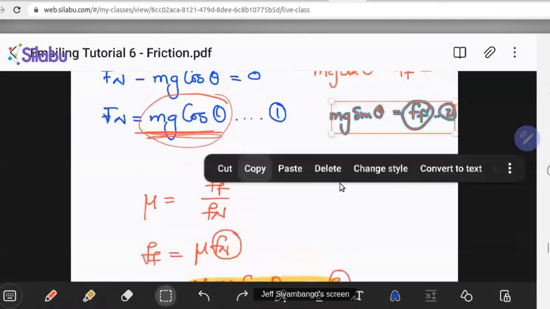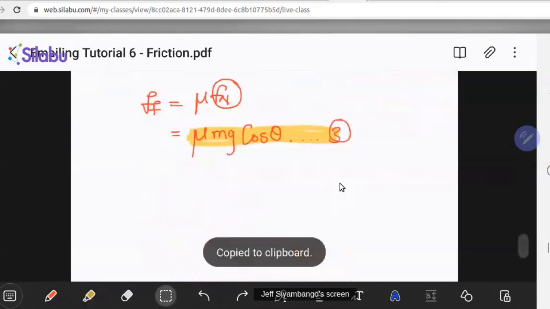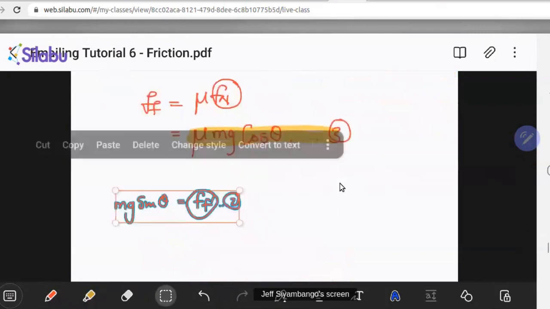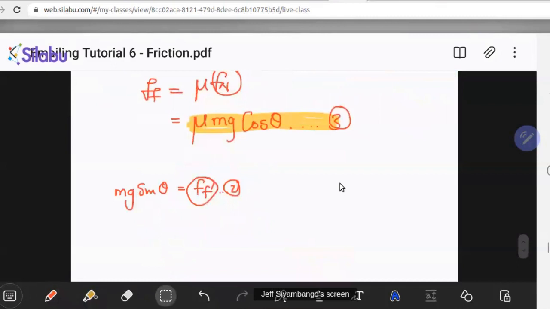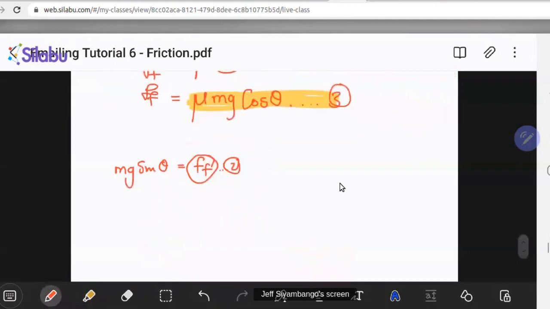And where there's force of friction, I'll plug in equation 3, because from equation 3, force of friction was given by that. So now this becomes mg sine theta, and where there's force of friction here, I'll put mu mg cos theta.